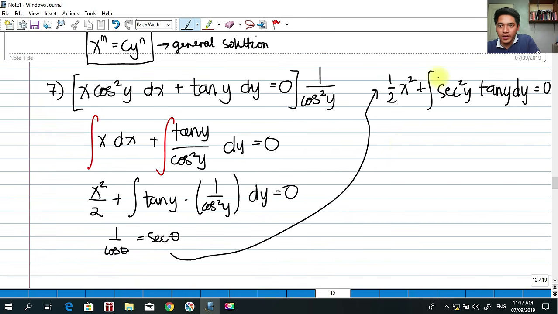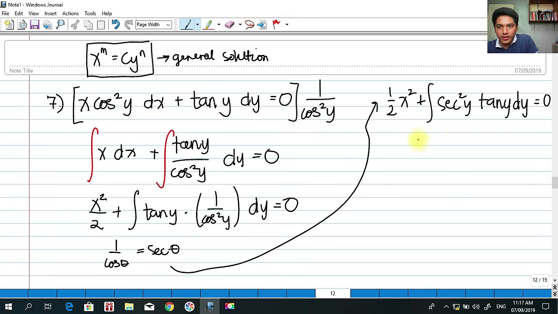So how do we integrate this? We can integrate this by letting u as what? In order for us to integrate this, we need to let u be tangent y. du with respect to y is secant squared y. du is now equal to secant squared y dy, which is available in our integrand.